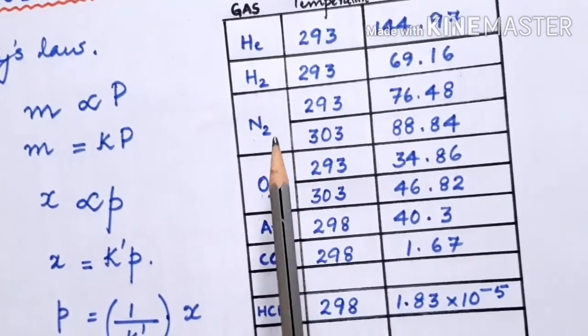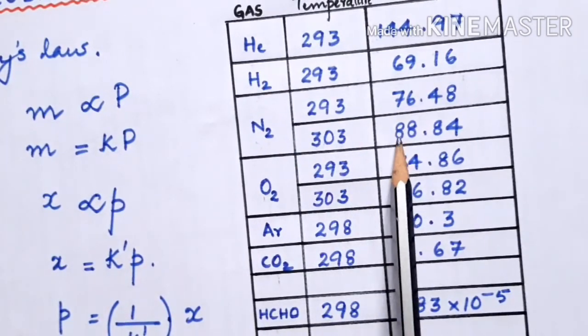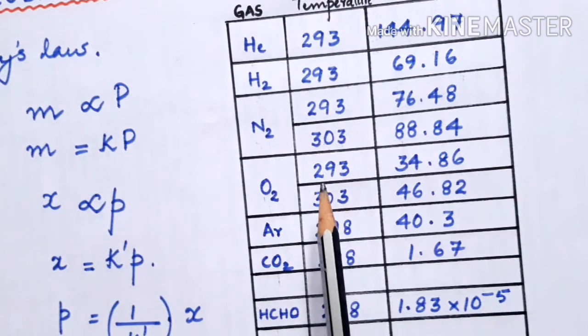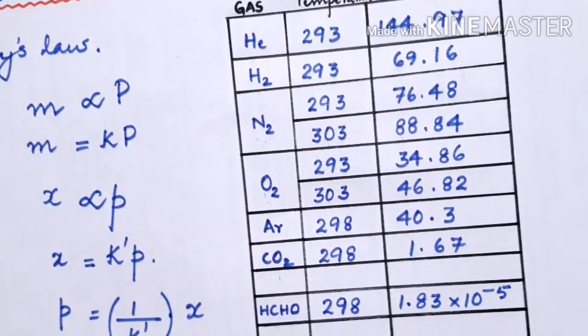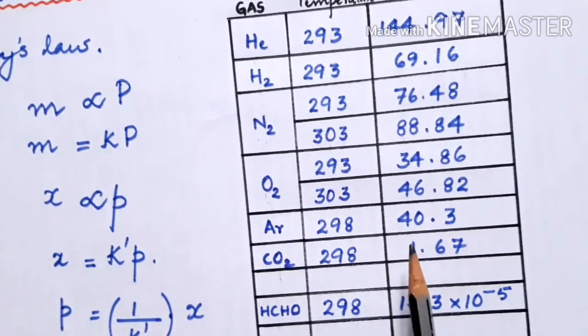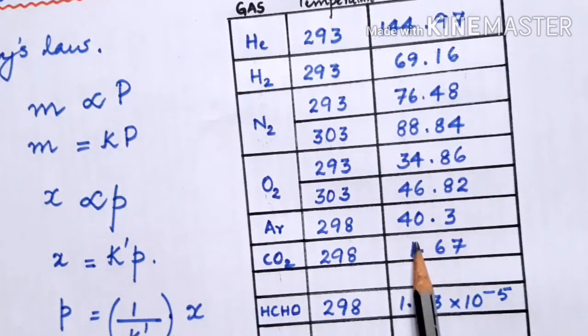We find that the KH value is found to increase with increase in temperature in both the cases of nitrogen and oxygen. That means at a higher temperature, the KH value increases, which decreases the solubility of these gases in water. Coming to argon, you have a relatively lower value for KH, that means the solubility is appreciable.